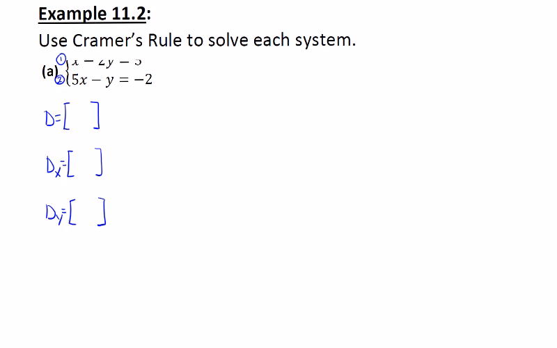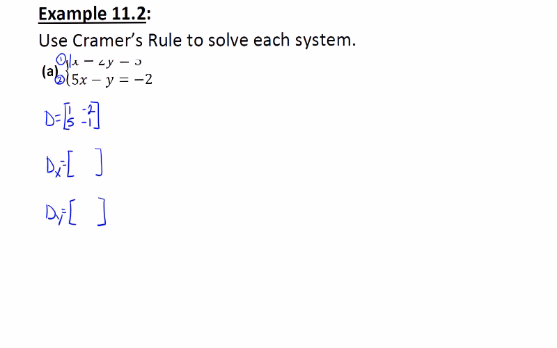Looking at the first equation, to fill in the first row, I would have coefficients of 1 and negative 2. Those are coming directly from the x and the y. Go to the second equation for the second row, and you will have 5 and negative 1 as the x and y coefficients there.